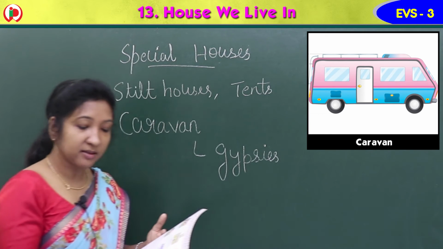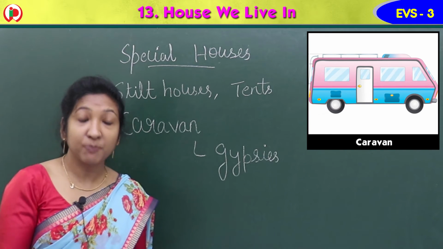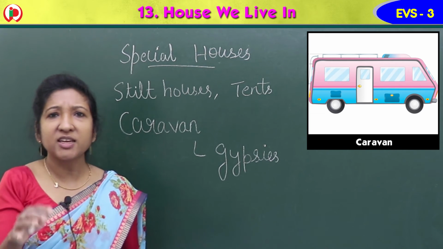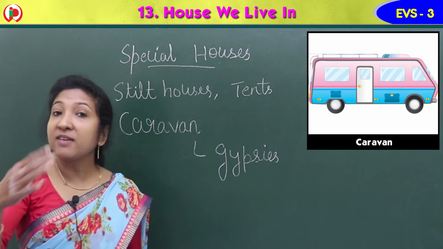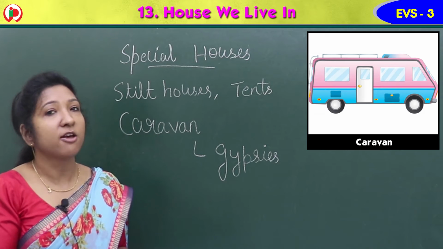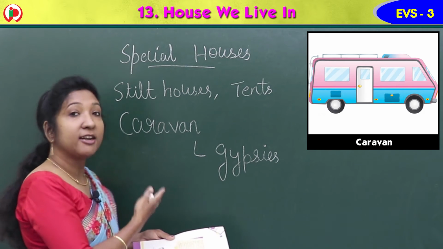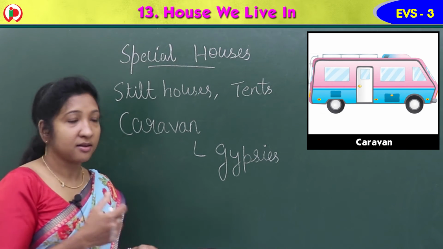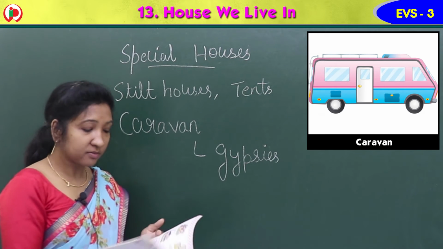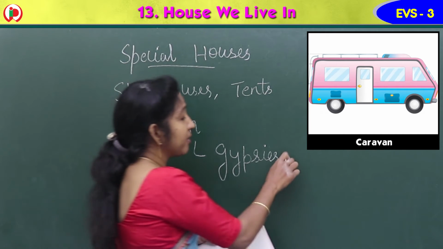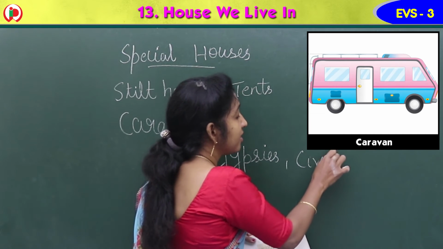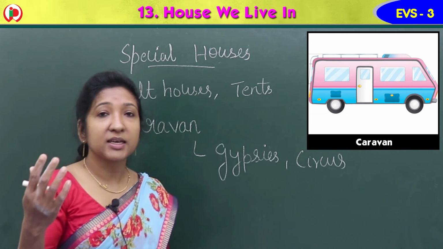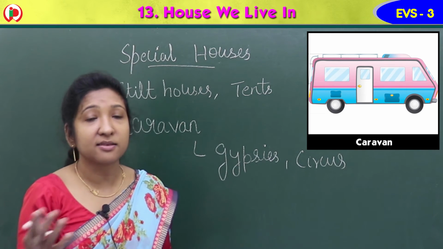Who are gypsies? They are people who travel from one place to another. They don't have any fixed place to live. They always travel. So those kinds of people use this kind of house. Okay, a house on wheels called a caravan. Gypsies and circus performers. Circus people perform circus in different areas, in different places.